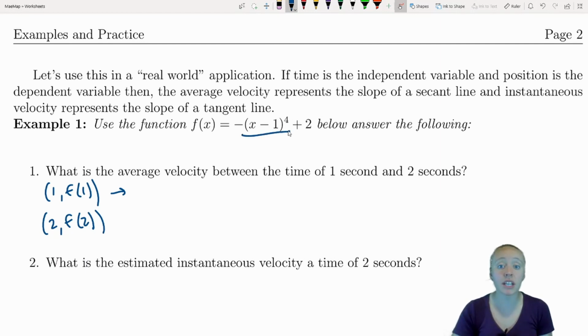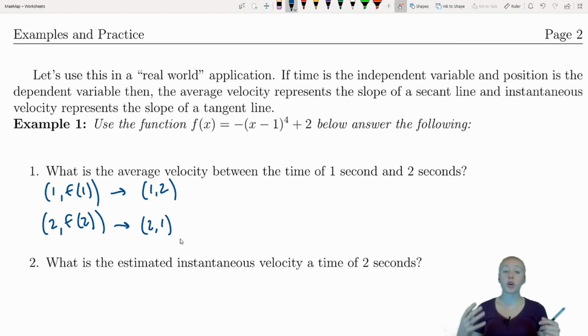Plugging in 1 is going to give us 0 plus 2, because 1 minus 1 is 0, 0 to the fourth is 0, plus 2 gives us 2. So we have the point (1, 2), and then when we plug in 2 for x, 2 minus 1 gives us 1, to the fourth is still 1, negative 1 though, because that negative's out in front, plus 2 gives us a positive 1. So then we have the point (2, 1).